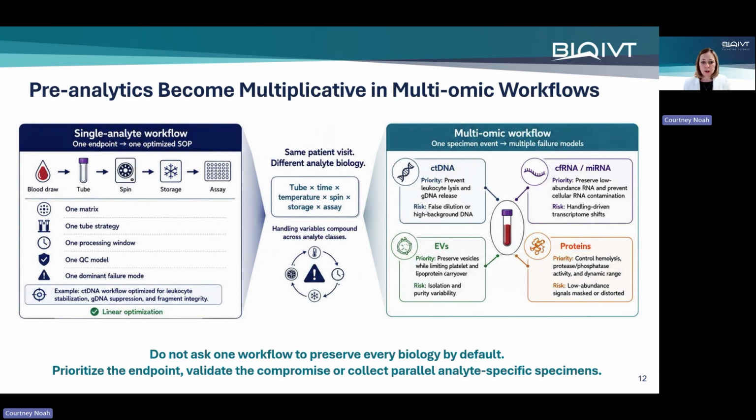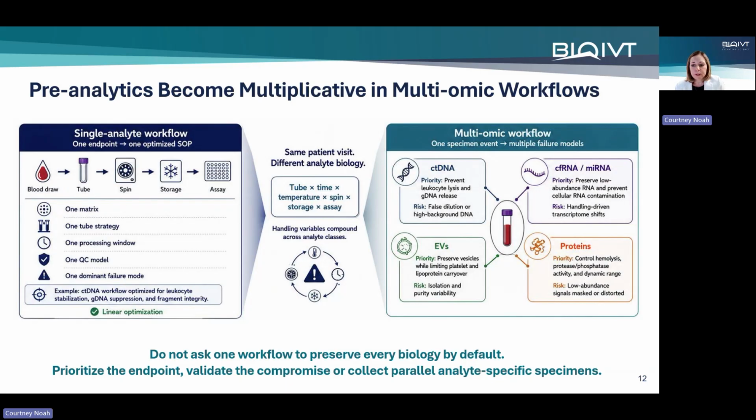If we think about that single blood draw in the case of a liquid biopsy, are we expecting that to provide ctDNA, RNA, proteins, extracellular vesicles, cytokines, PBMCs, all of that in a single collection strategy? It's really important to understand that every collection strategy involves trade-offs. So starting with the most important endpoint is where you should be thinking and designing that specimen strategy around. If RNA-based response monitoring is the primary objective, then optimize your experimental design for RNA.